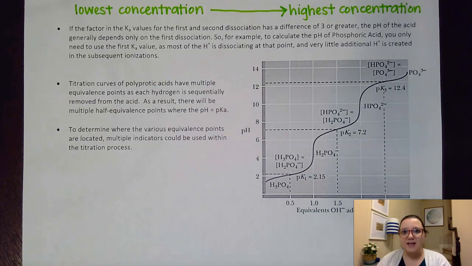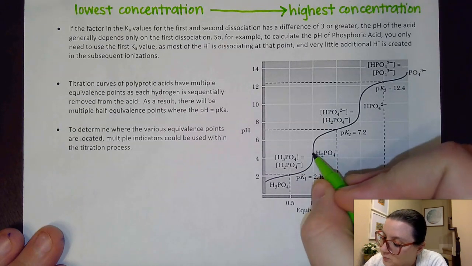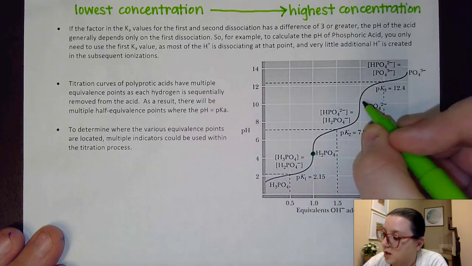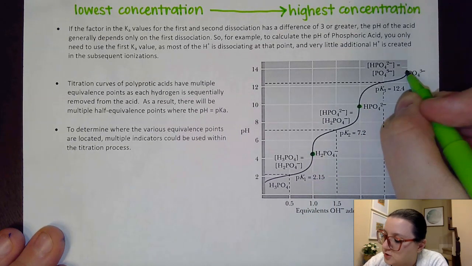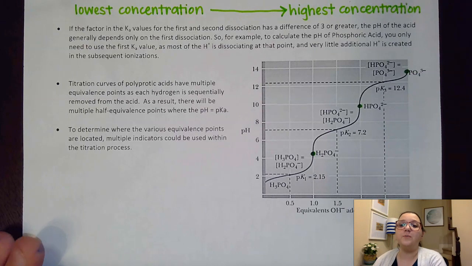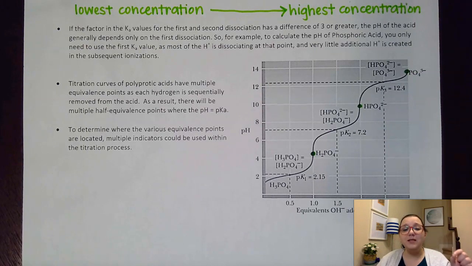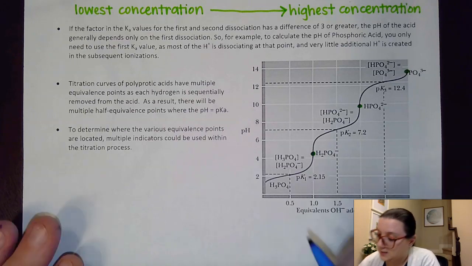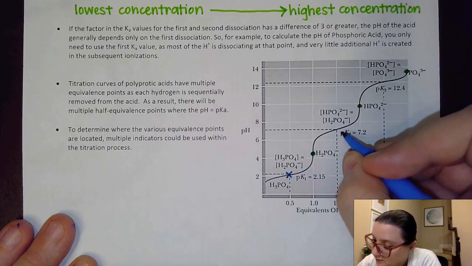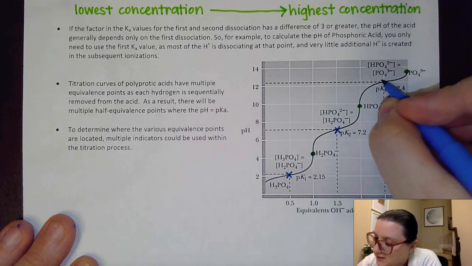One other thing that happens with polyprotic acids is that when you have a titration curve, you end up with 3 separate equivalence points. You notice on here we have an equivalence point occurring here, here, and eventually here. Those represent the 3 places where hydrogen is being removed. That also means you end up with 3 separate half equivalences, here, here, and here.